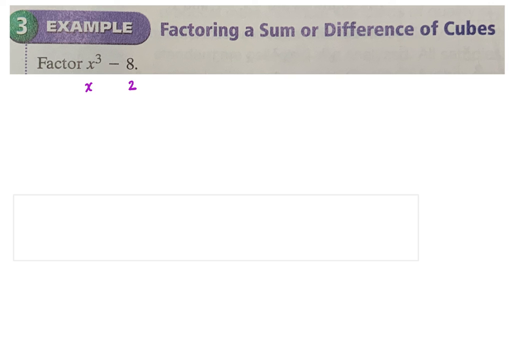It's going to be a minus b, and then a squared, well, that's x squared, plus a times b, that's x times 2, or 2x, plus 2 squared, which is 4. Okay? So my a is x, my b is 2, and then I just plug it in. A minus b, a squared, plus ab, plus b squared. I am done. That factoring is finished.